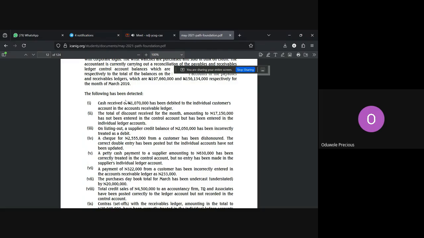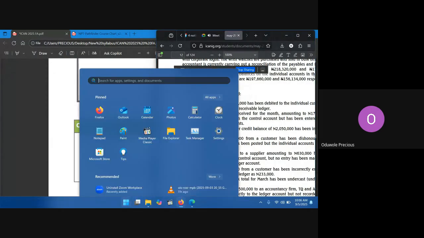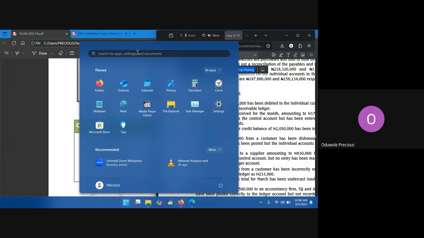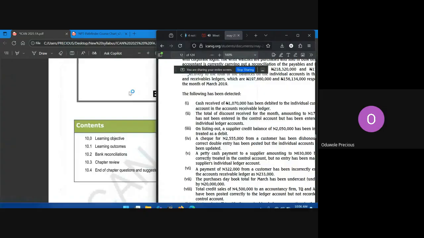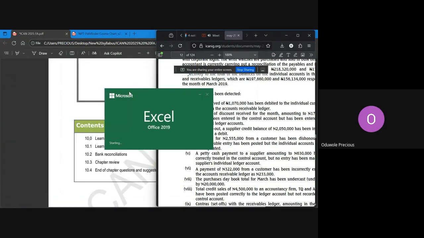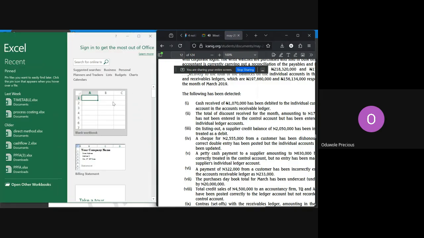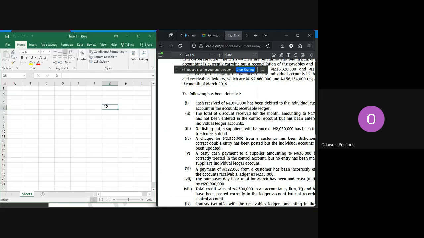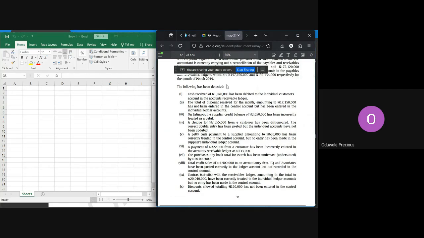So let us start. Let me share my screen and open my Excel, so that I'll be solving it as I'm reading each transaction. Let me reduce this a little bit. I hope it's not too small.